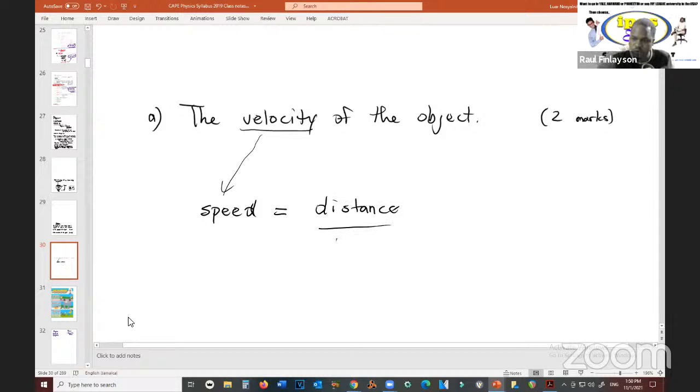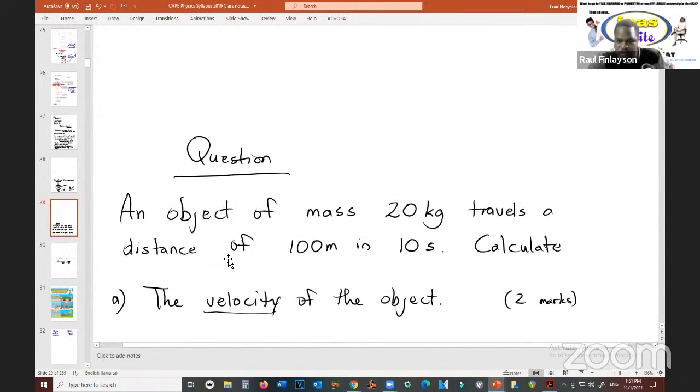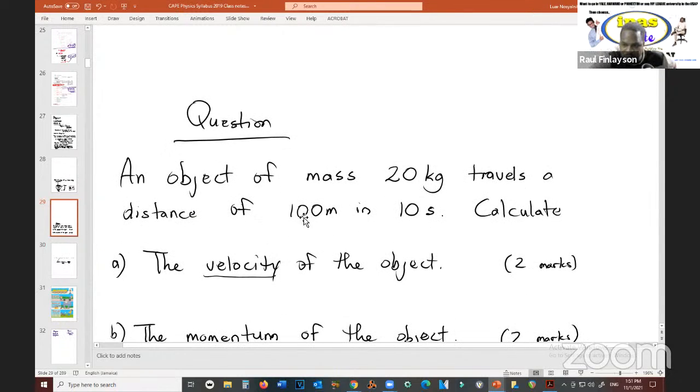Now, the distance based on the question was 100 meters. The time was 10 seconds. Let's go back to the question because I don't know why persons are overthinking. This is grade 10 work. 100 meters in 10 seconds.